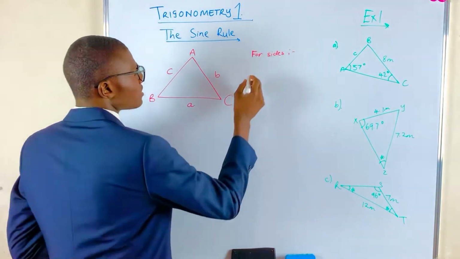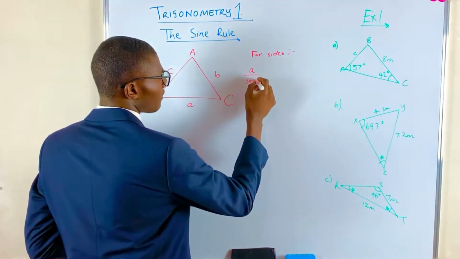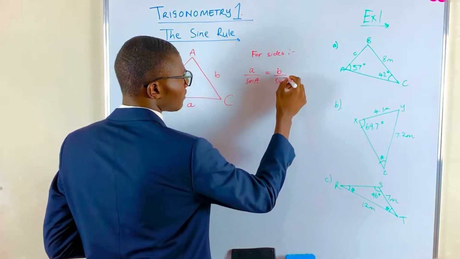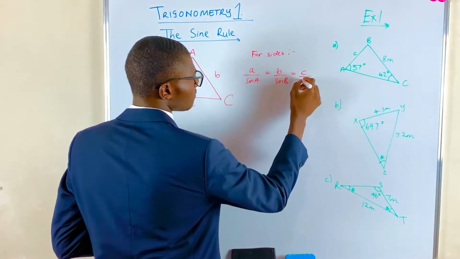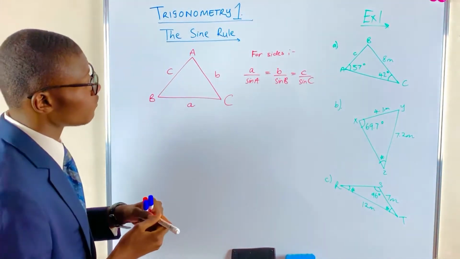For finding sides, the sine rule states that A over sine A is equal to B over sine B, which is equal to C over sine C. So this is for sides.